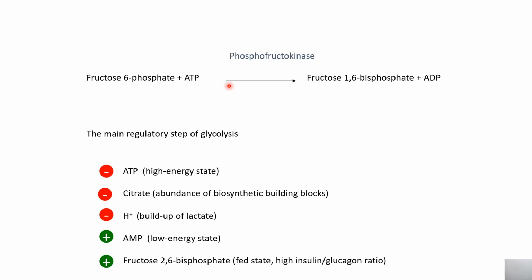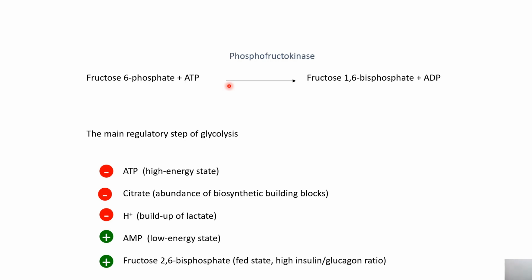Next step is fructose 6-phosphate plus ATP to fructose 1,6-bisphosphate plus ADP, and it is catalyzed by the enzyme phosphofructokinase, right? So the main regulatory steps of glycolysis: ATP, that's a high energy state, will act as a negative feedback. Citrate, abundance of biosynthetic building blocks, and H plus, buildup of lactate, will also inhibit.